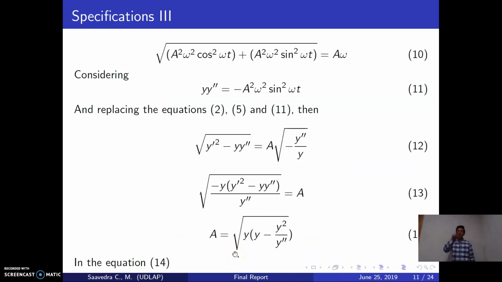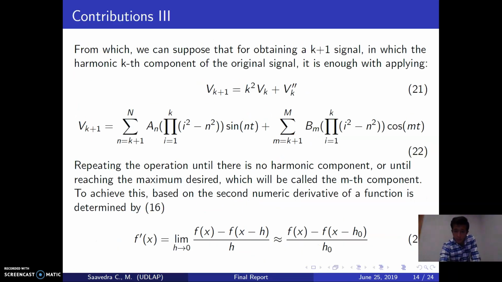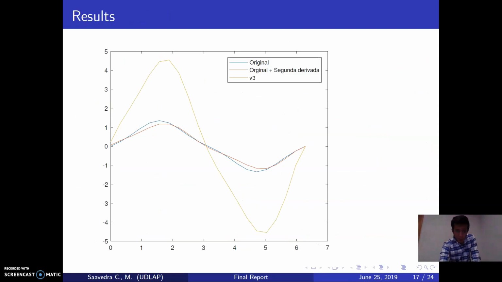We can take the square root of the main signal multiplied by the main signal minus the main signal squared divided by the second derivative. Okay, so after doing everything, we can already show the results and graph them by making this iteratively, repeatedly.